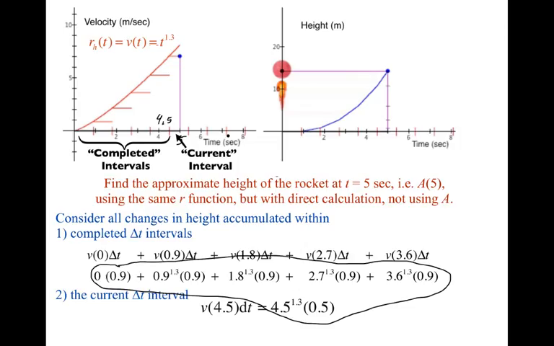So that amount of accumulation at 5 is what? It's shown right here. It's the sum of accumulation from completed intervals plus a little bit more, which is the accumulation from the current interval.